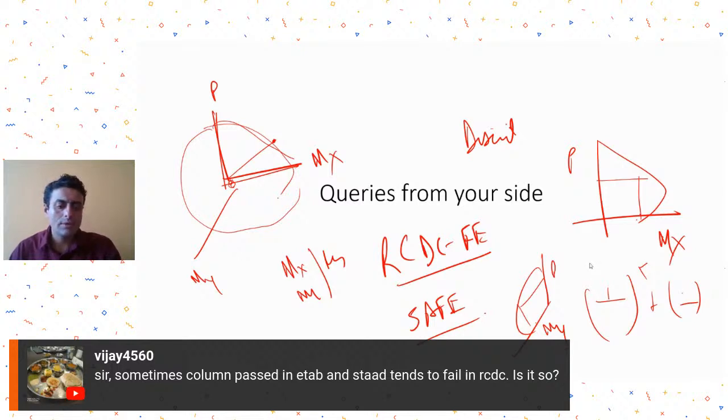And when you are using that method, it does happen that it will show you columns that may pass which were otherwise not passing in ETABS or StaadPro. That may happen. As I told you, that discrete moment approach is as such not given in the Indian code. So technically, you should not be using it as such.